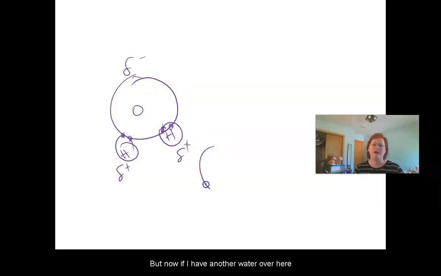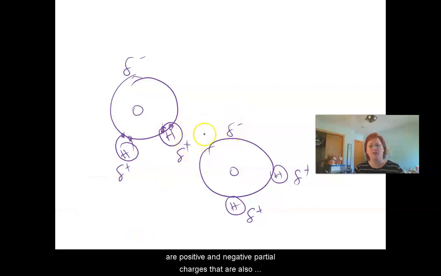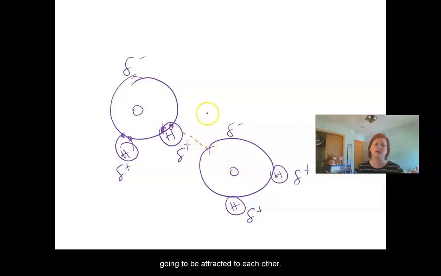But now if I have another water over here, and my hydrogens are a little bit positive, and the oxygen is a little bit negative, now what we have are positive and negative partial charges that are also going to be attracted to each other. So that is a hydrogen bond or a hydrogen attraction.